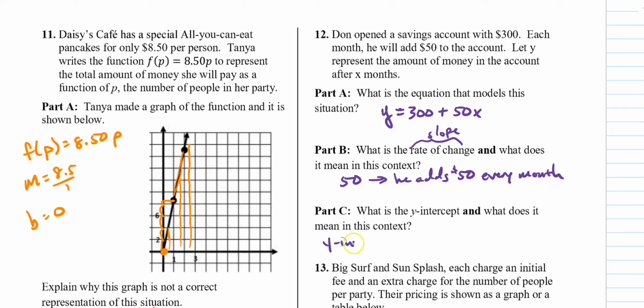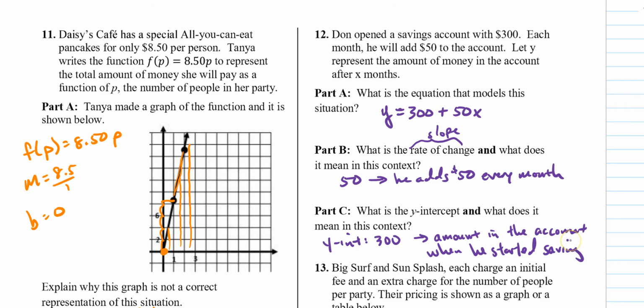Well, the y-intercept is 300, and that is going to be the amount in the account when he started saving.